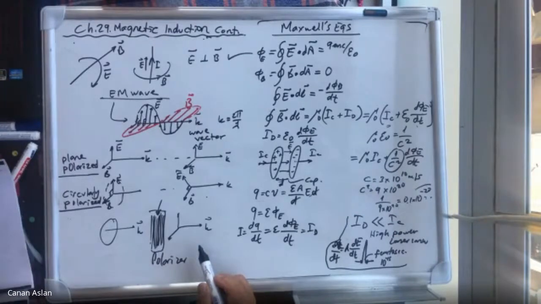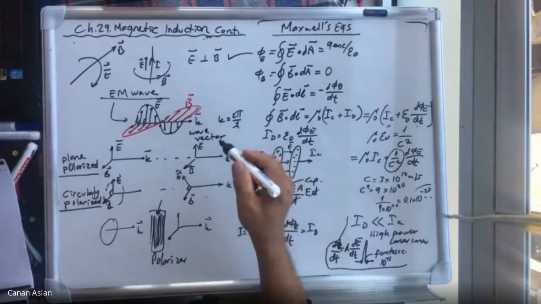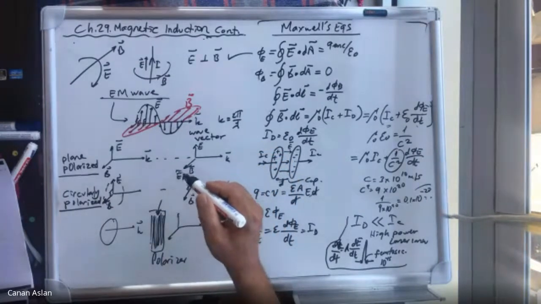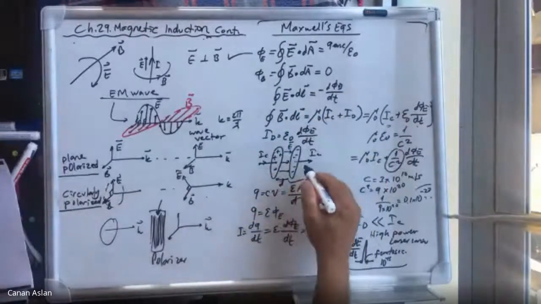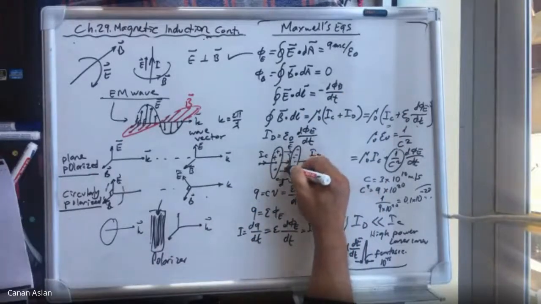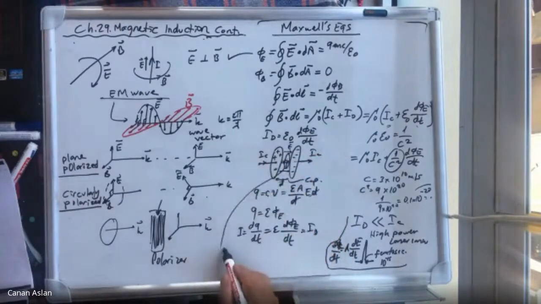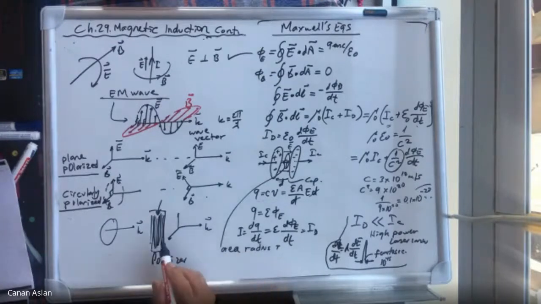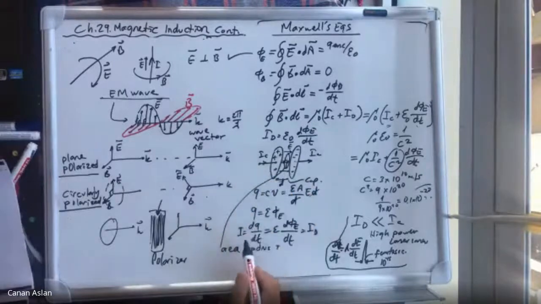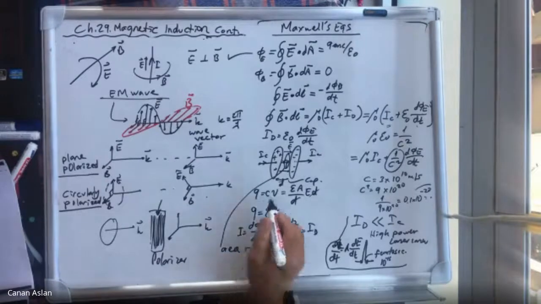But now look at what's happening here. Look at this system, and at the area with radius r. We are assuming the displacement current acts like a conduction current passing through here, but through a fraction of the area.